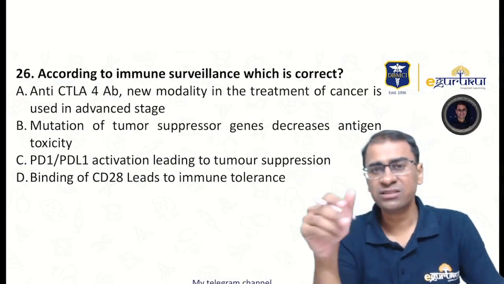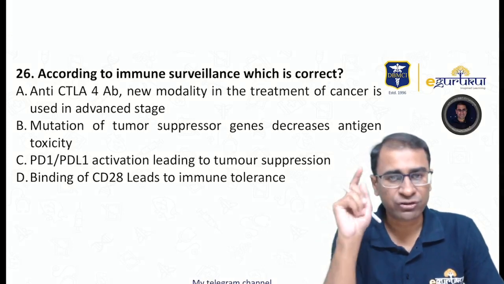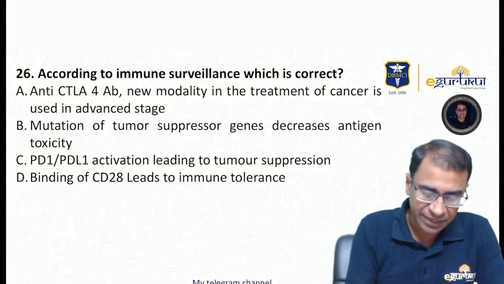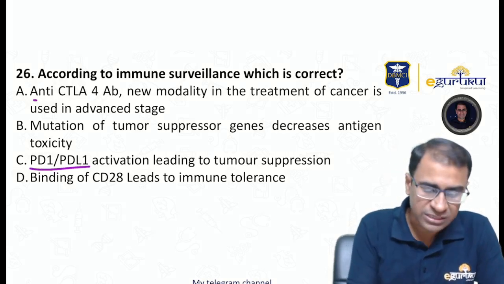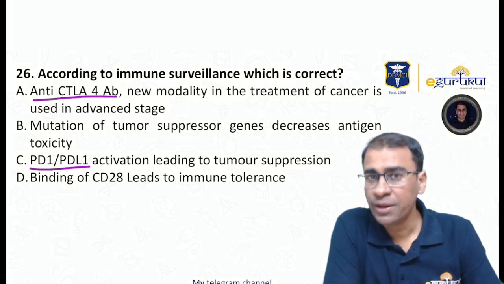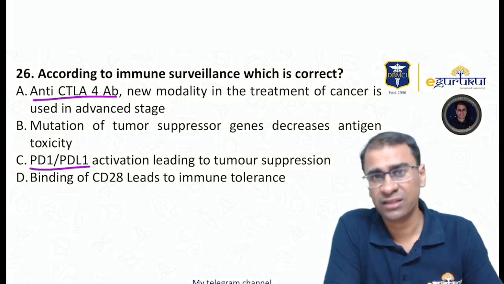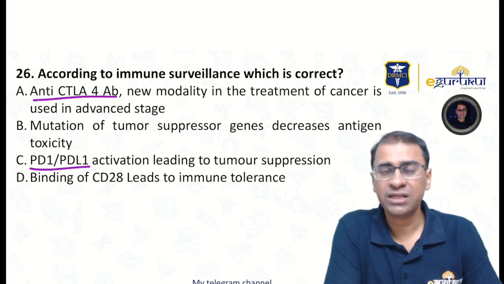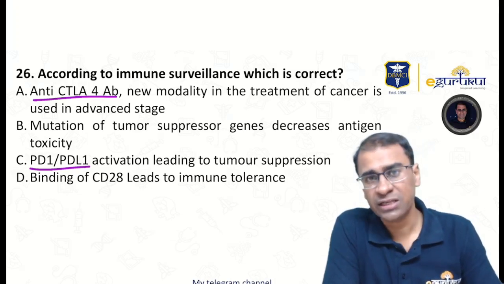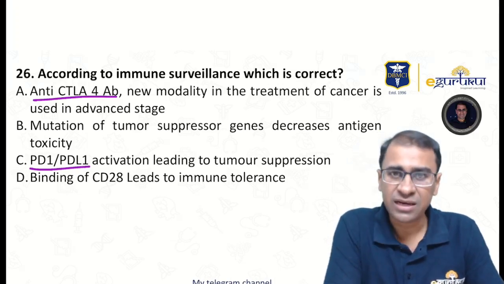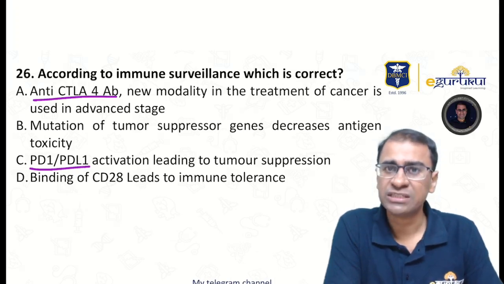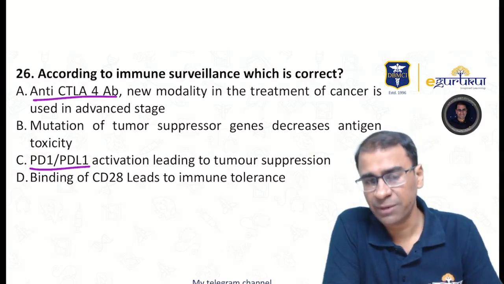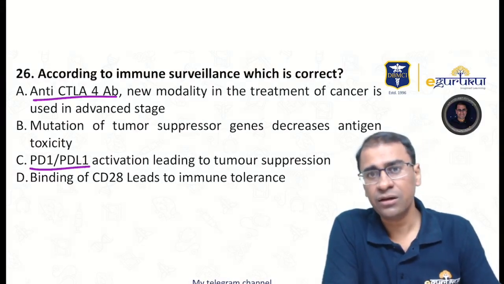Well, according to the immune surveillance, I had made this video called immune checkpoint inhibitors. I told you over there about the PD1 and PDL1. I told you also about the CTLA4 antibodies, and I hope you have watched that video in the Robbins 10th update. Basically, these are all the checkpoint inhibitors which do not allow tumor cells to proliferate. So basically, if you are giving an antibody to CTLA4 or an antibody to PD receptors, you're basically inhibiting the tumors.